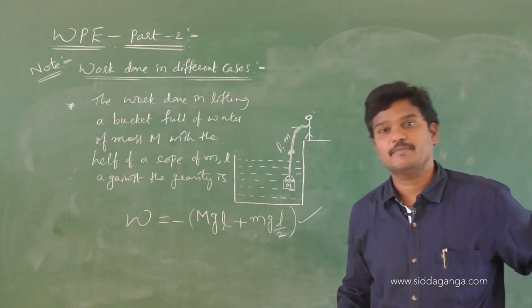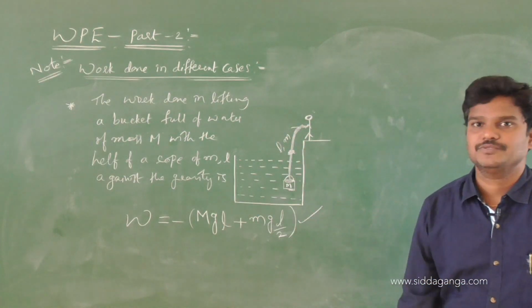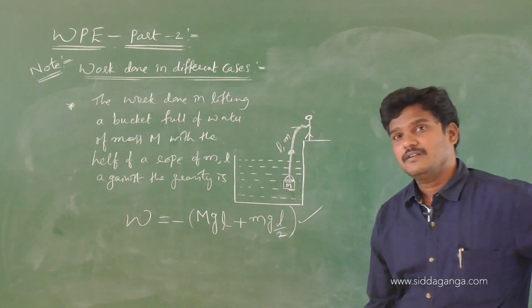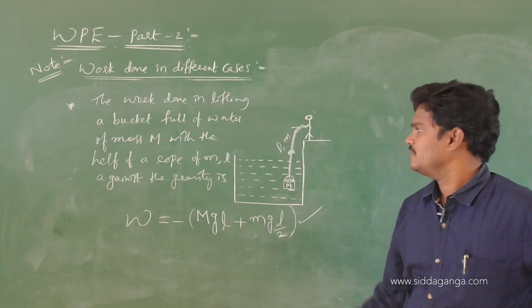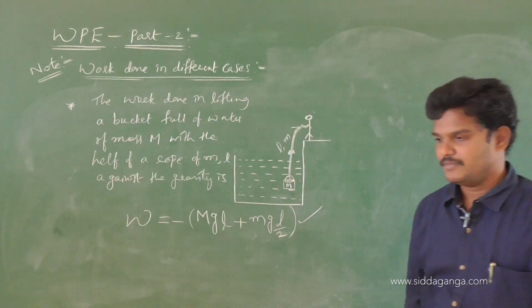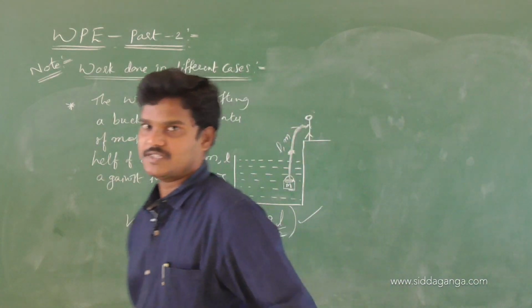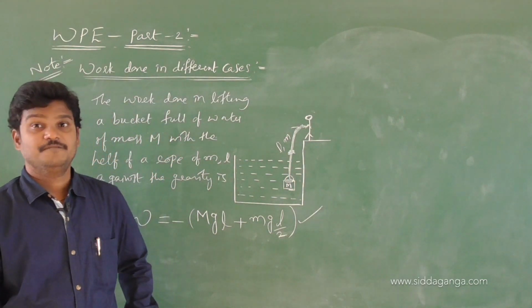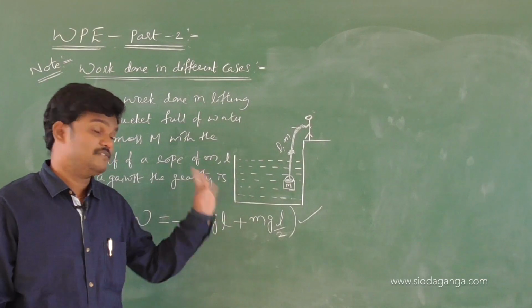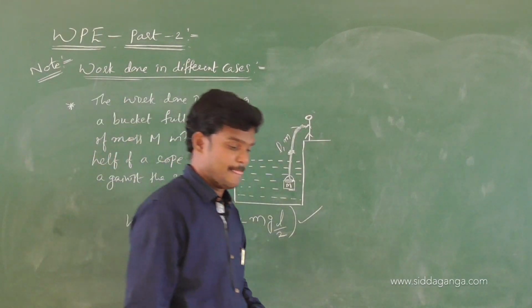What is the midpoint? L by 2. So mg L by 2 is the formula. mgL for the bucket, mg L by 2 for the rope, because the rope is a uniformly distributed mass with uniform linear density. If it is a non-uniform linear density, again we have to use the integration process.